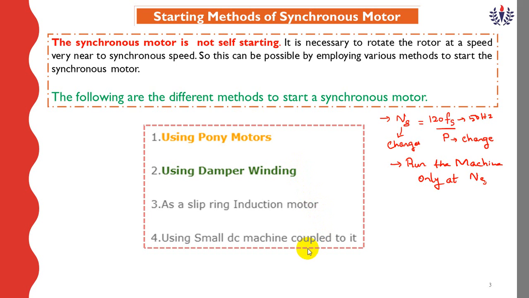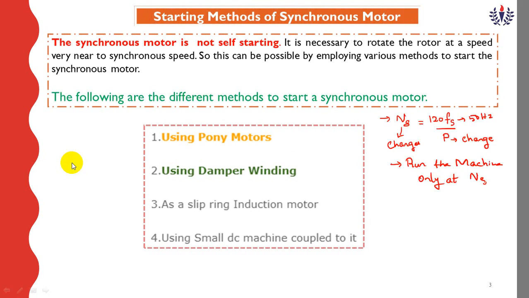The fourth method is a small DC machine coupled to it.